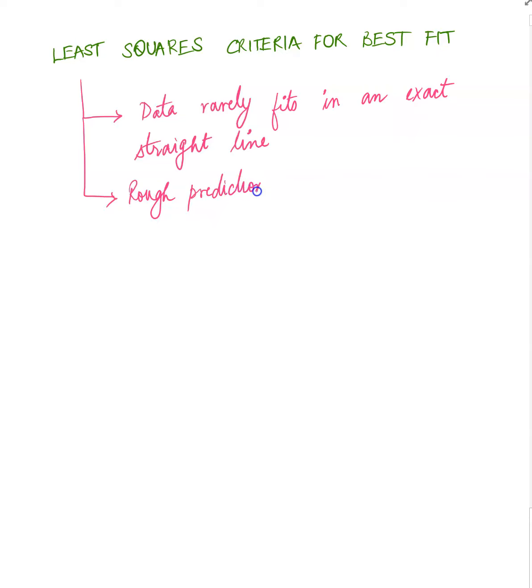In order to make rough predictions, we have to see if we have a set of data whose scatter plot appears to fit a straight line. So we should ask the question, does the scatter plot appear to fit a straight line?